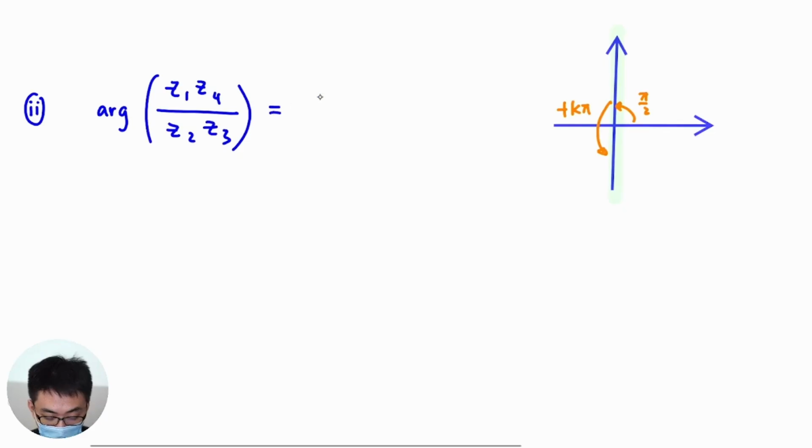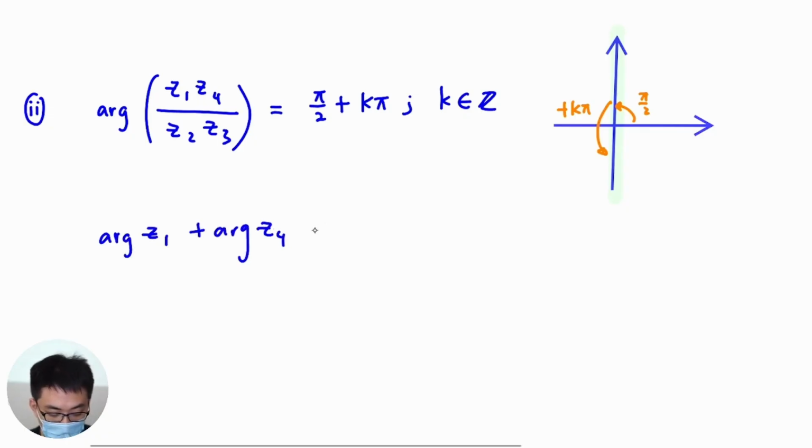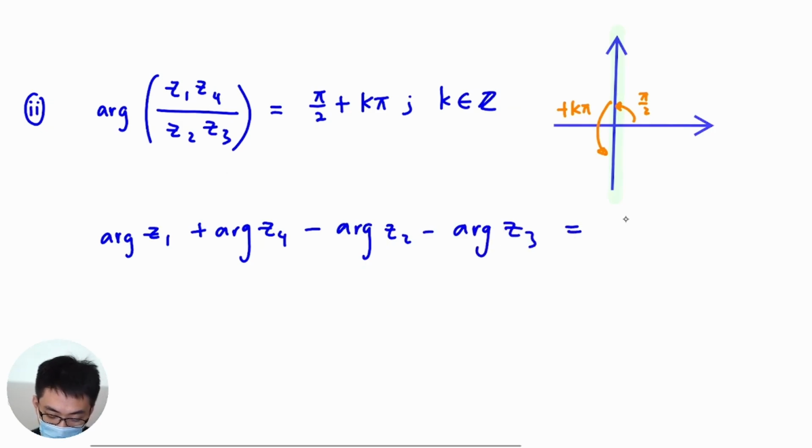So this is pi over 2 plus k pi, where k is an integer value. Okay. So this will be argument z1, argument z2, z4, minus argument z2, minus argument z3. So this is exactly like log.